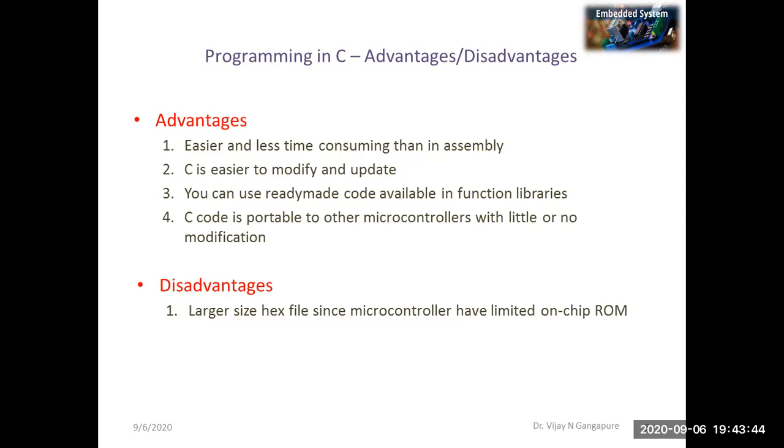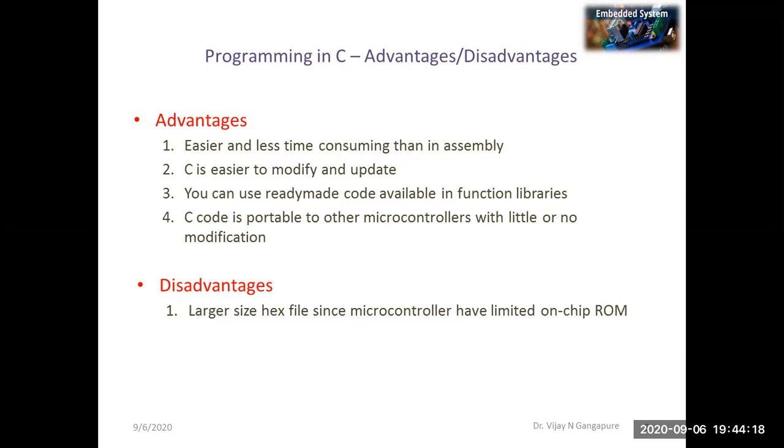For example, if at the start of your program you include the math.h header file by using the #include directive, then you can use the mathematical functions readily available in this header file. Similarly, you can include such function libraries in the C program you are writing for any embedded system, and you can use this ready-made code available in the form of function libraries. That is the third advantage.